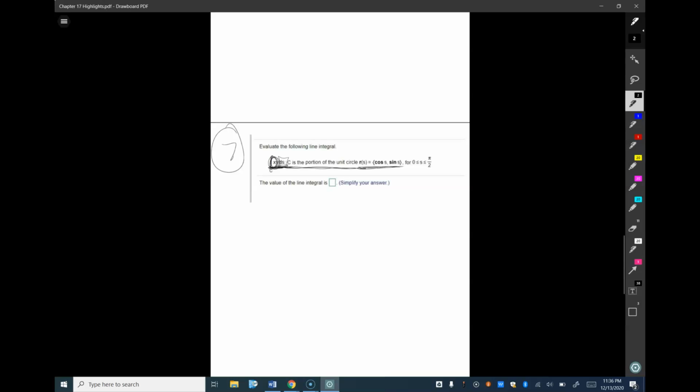All we have to do is change the x and y to be in terms of s using these guys here. So if we do the x component times the y component, we're going to be integrating cosine of s times sine of s, and then ds, and this is for s on the integral from 0 to pi over 2.